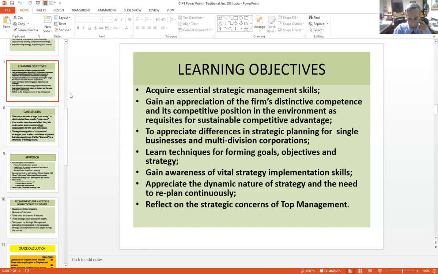Next to the last bullet, to appreciate the dynamic nature of strategy and the need to plan, replan continuously. I can't tell you how many companies I visited when I first got to them that thought that the idea of strategic planning is to do a plan and just sort of leave it there until the time arises to do it again.